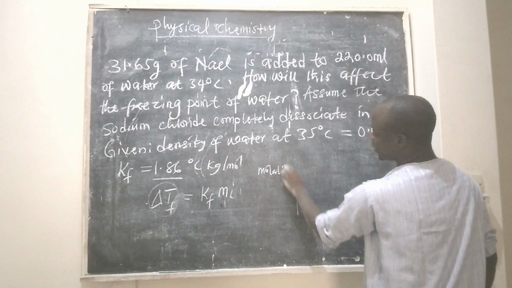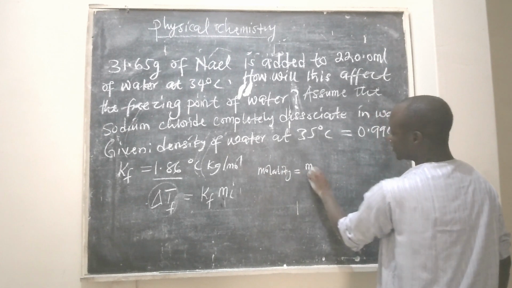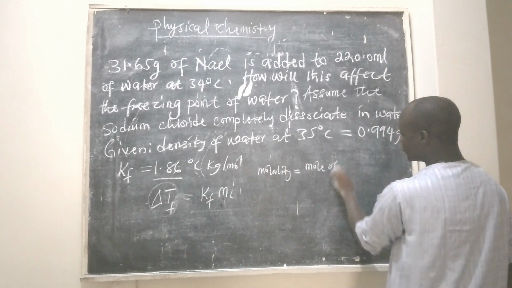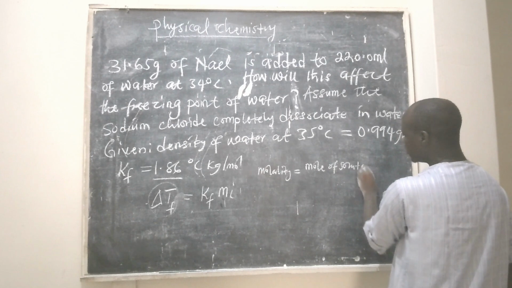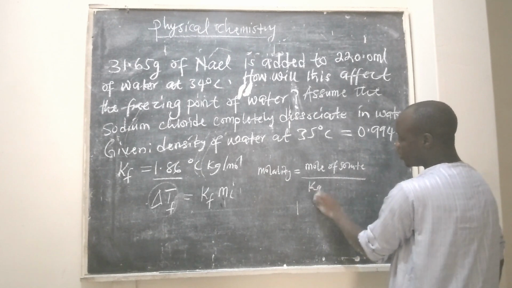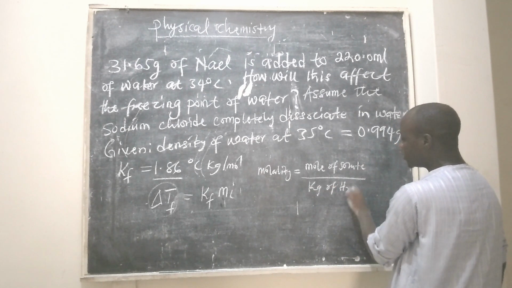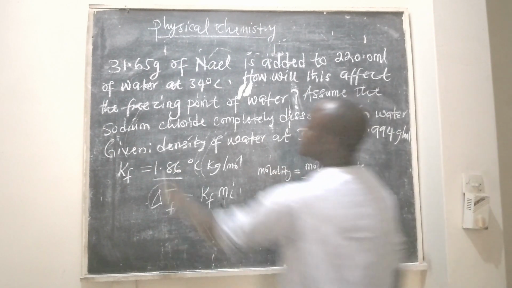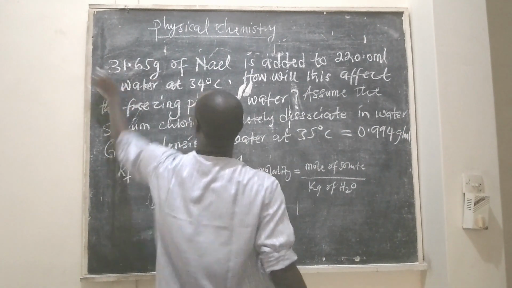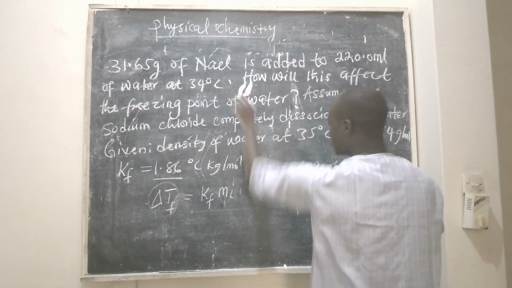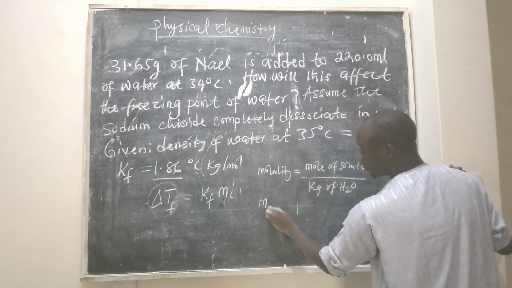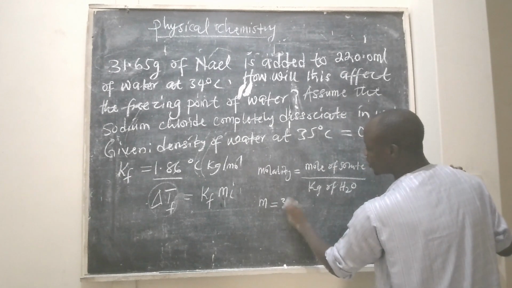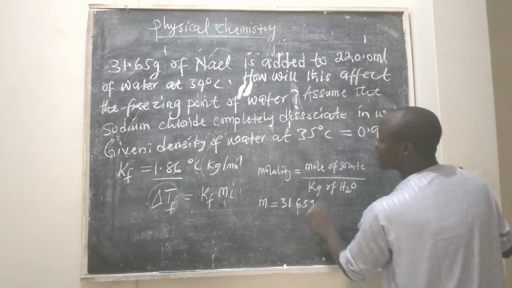If you remember, molality is equal to moles of the solute divided by the kilogram of water, because our solvent here is water. The mass of the solute, sodium chloride, is already given as 1.65 gram.